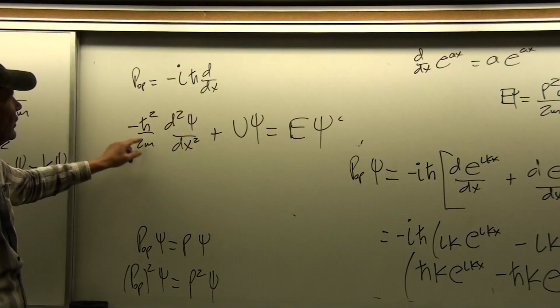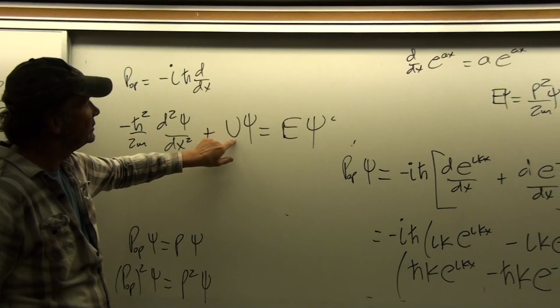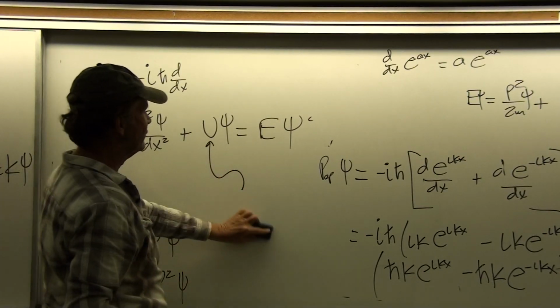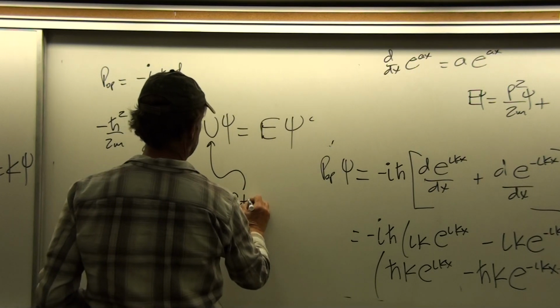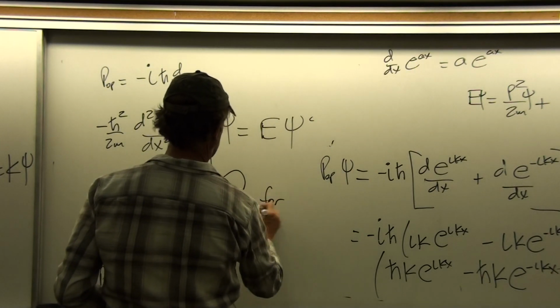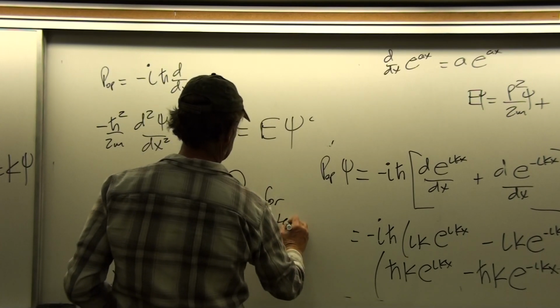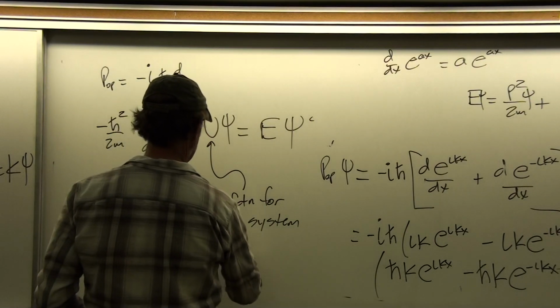Because this part is your kinetic energy times psi, and then this is yet to be determined. This is the potential energy function for whatever system you're in. So this is the potential energy that the particle is subjected to.